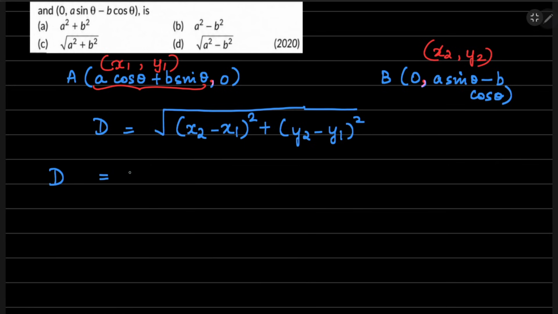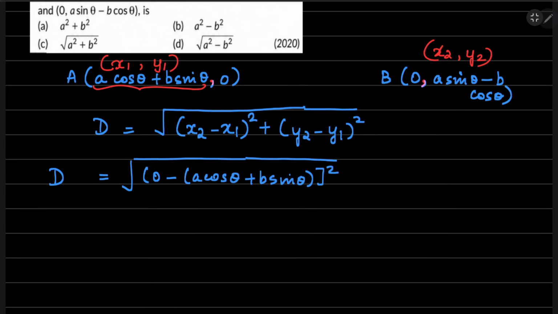So the distance d will be equal to root of, what is x2? x2 is 0. So let me write here 0 minus x1, that is a cos theta plus b sin theta the whole square, and then plus y2 minus y1. What is your y2? It is a sin theta minus b cos theta minus 0 the whole square.